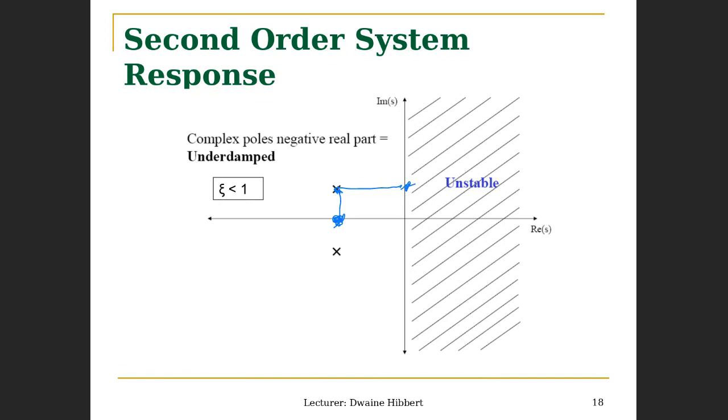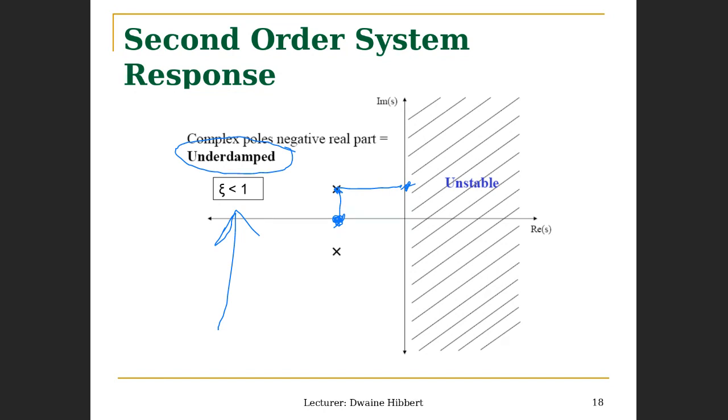Now let's come back to the scenario. When we have complex poles with negative real parts, the system is termed underdamped. Let's take a look at what happens when the system is underdamped in terms of the damping ratio. The damping ratio is less than 1.